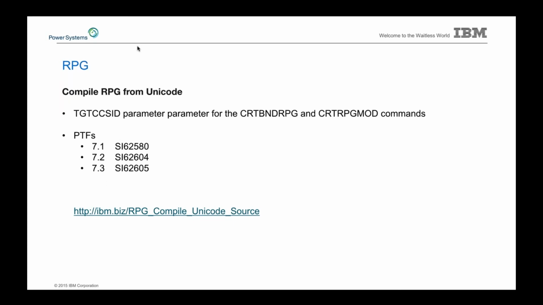Now, why is storing your source code in Unicode something you might even care about? Well, as we move towards storing source code in things like IFS or other modern file systems, Unicode is the primary CCSID that's used in those.